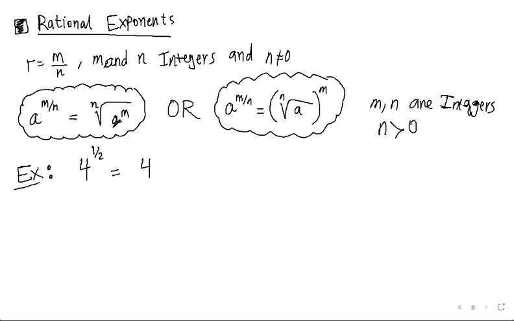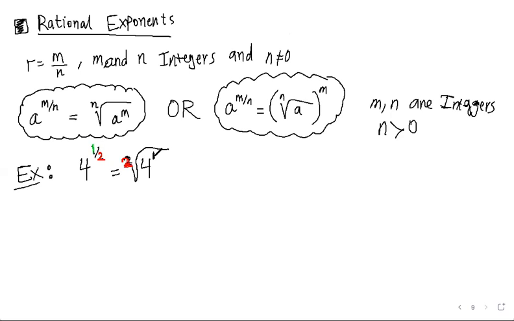I do the same idea like here. So 4 to the power 1 over 2 is the square root of 4. Explain more: the 2 goes here, and the 1 is here.